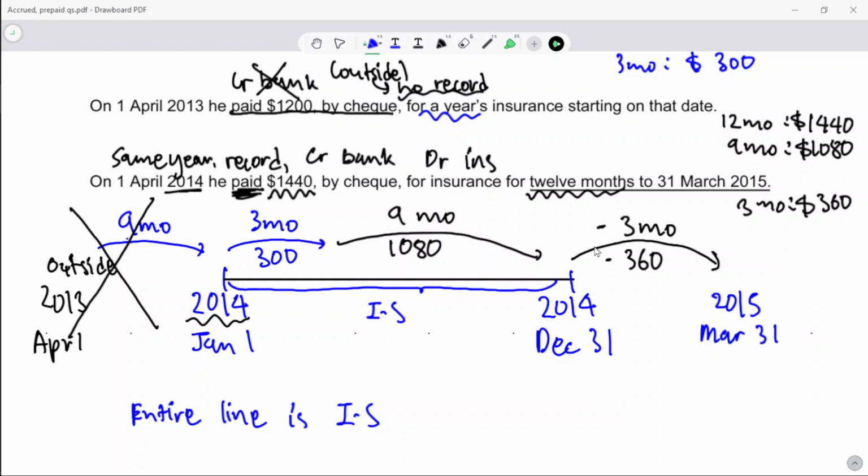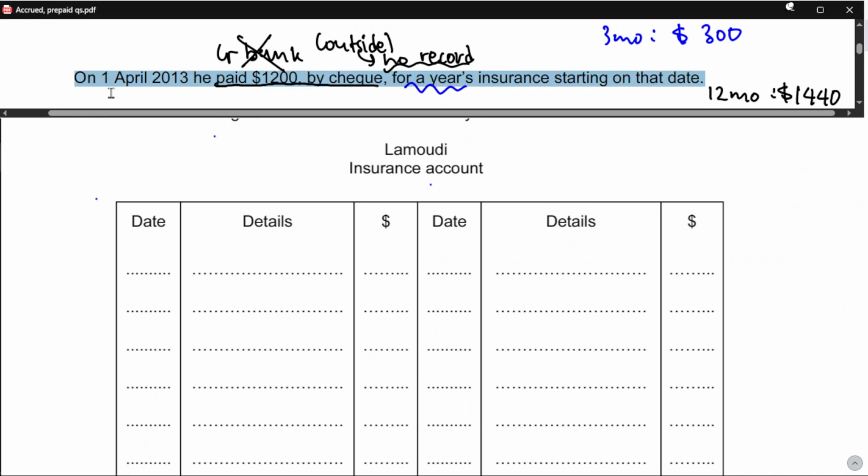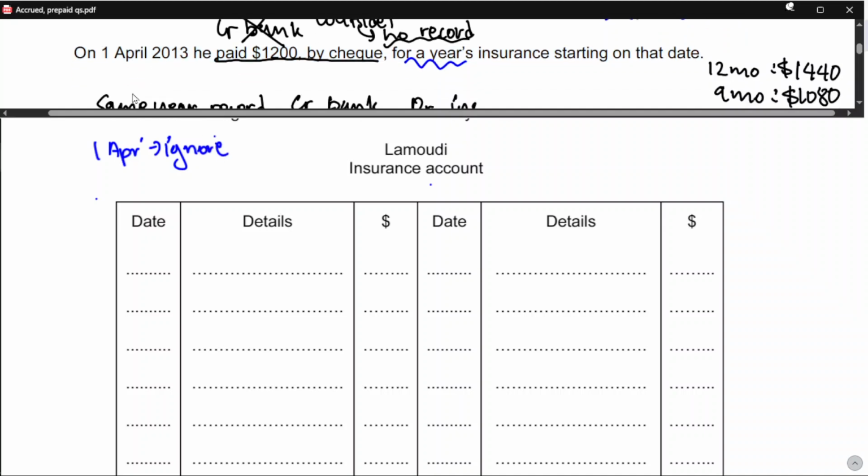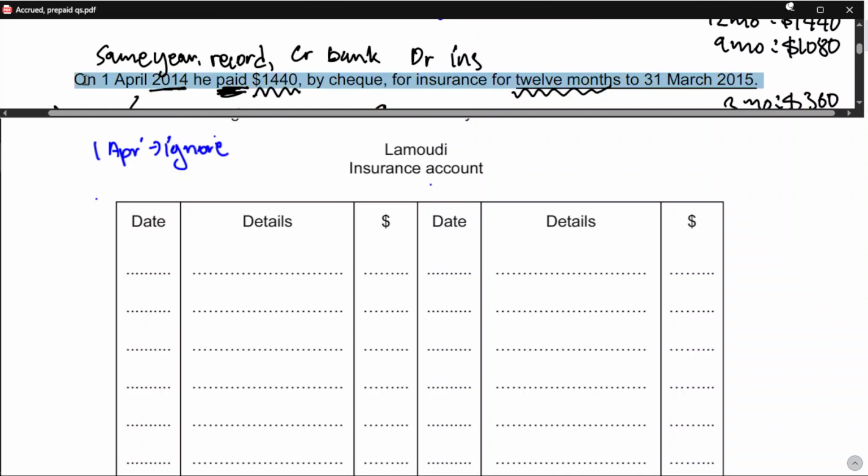Now let's record the entries. Let's see the first line. The first line says no record, so the 1 April you ignore it. Next line: 1 April 2013, you ignore it.